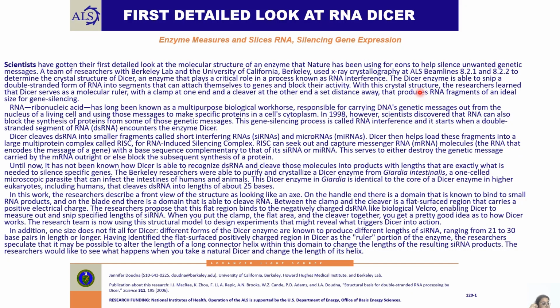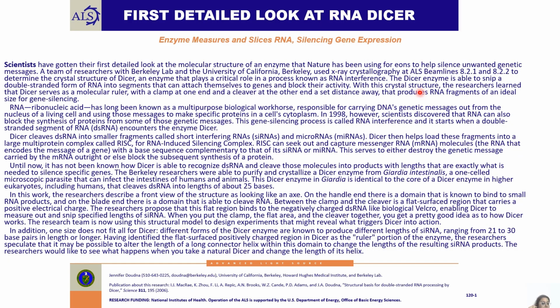In addition, one size does not fit all for dicer. Different forms of the dicer enzyme are known to produce different lengths of siRNA, ranging from 21 to 30 base pairs in length or longer.